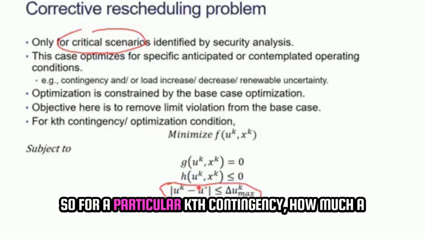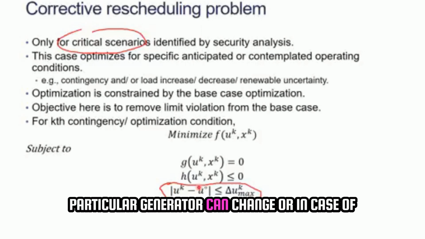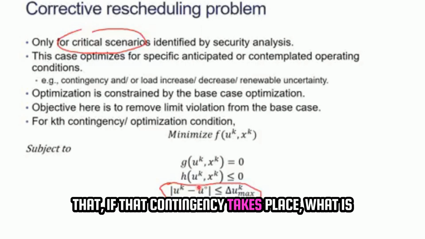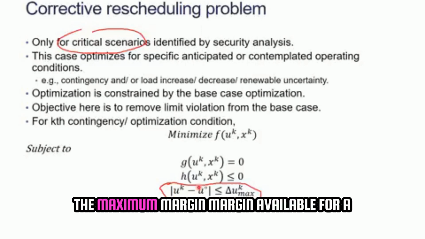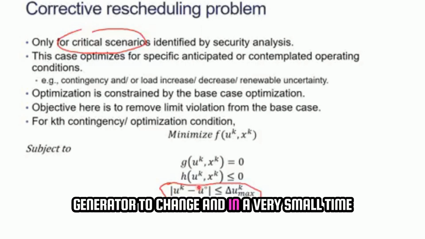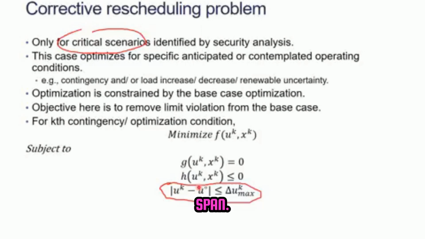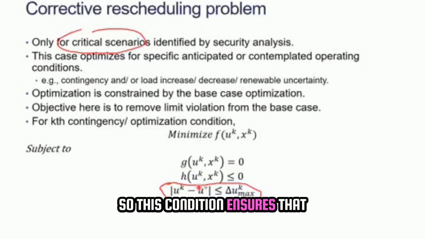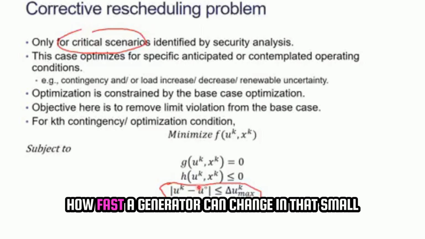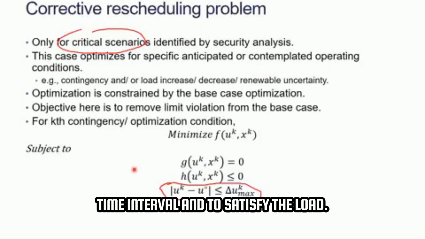Perfect. So for a particular kth contingency, how much can a particular generator change? If that contingency takes place, what is the maximum margin available for a generator to change in a very small time span? This condition ensures how fast a generator can change in that small time interval to satisfy the load.